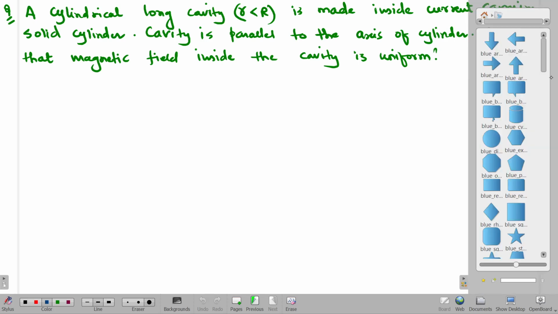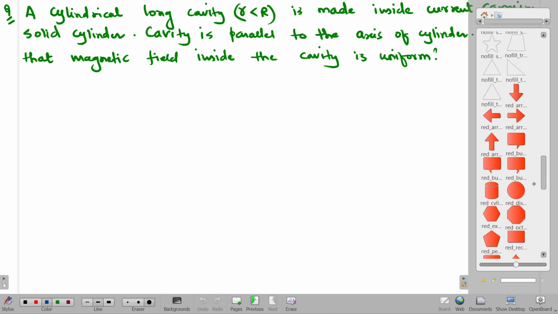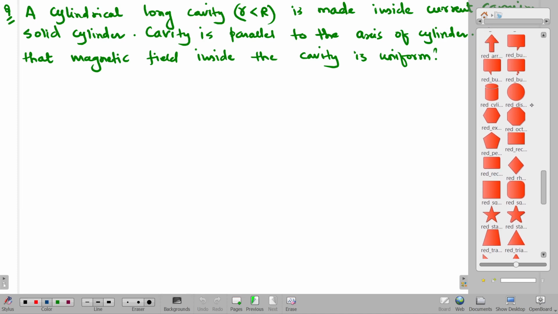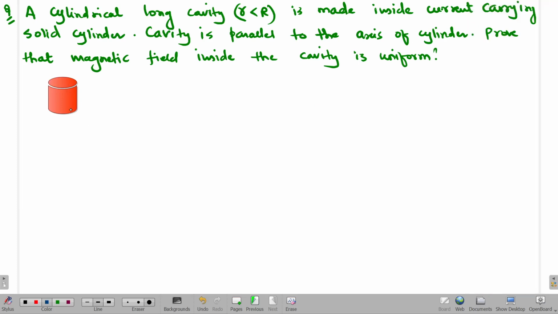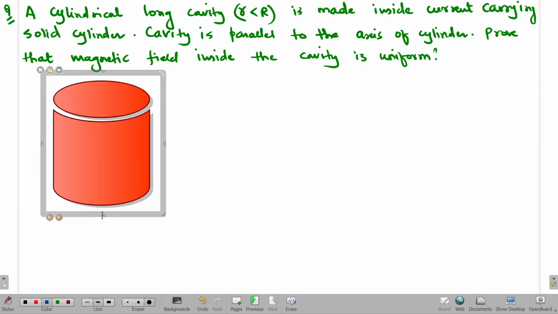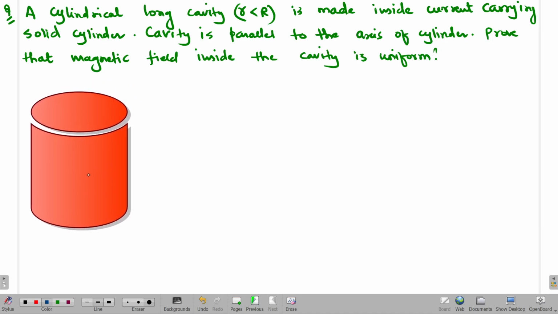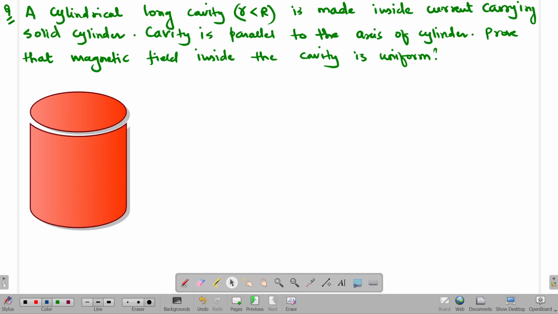It's saying that there is a cylindrical long cavity. Okay, 2D diagram. So what is happening with the 2D diagram? Will that be helpful? You can draw a 2D diagram.